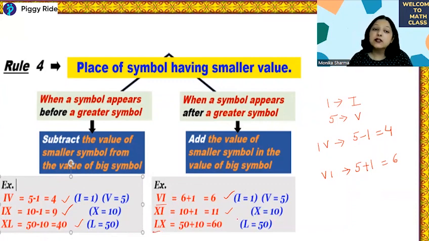So XL is 50 minus 10 and LX is 50 plus 10. This rule is very, very important. If you write the symbol of smaller value to the left side, its value will be subtracted, and if you write the smaller symbol to the right side, the value will be added.